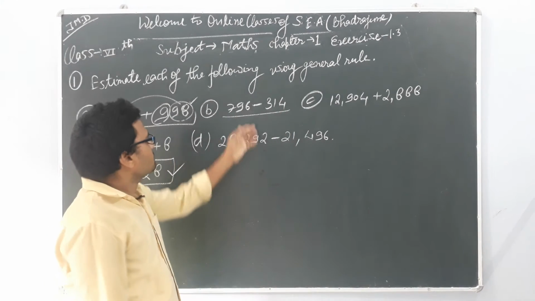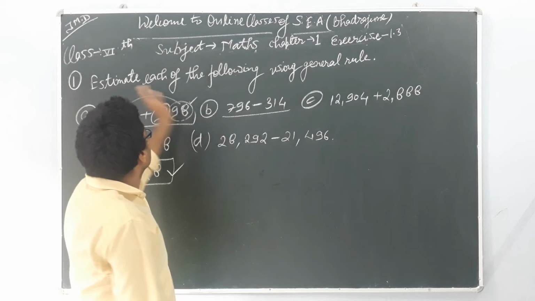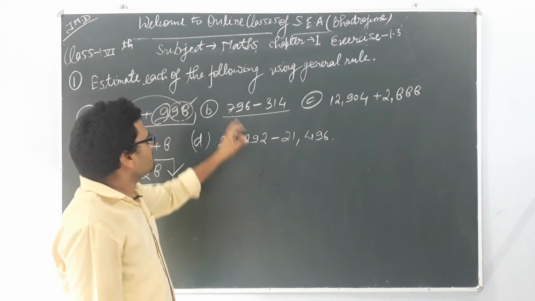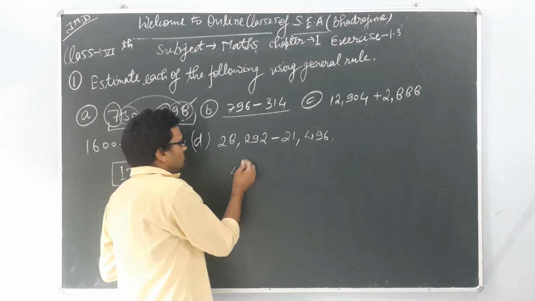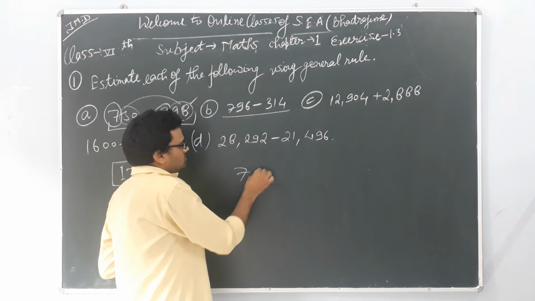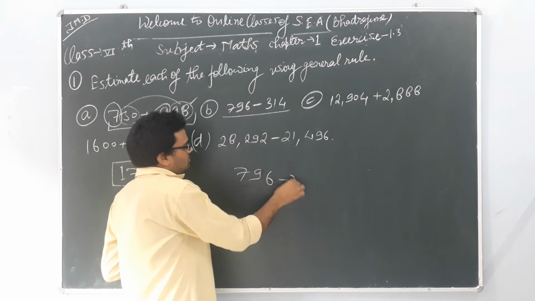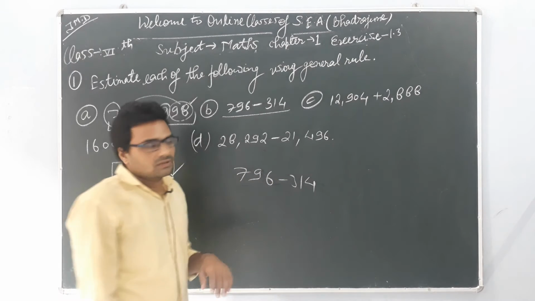We have to estimate, that is why I am just subtracting 300 from 700, which is equal to 400. I am writing this over here.